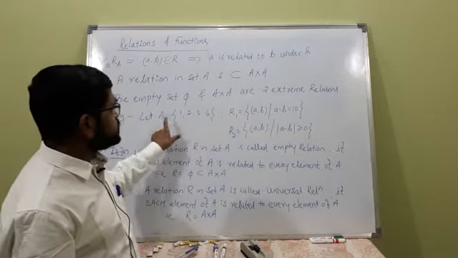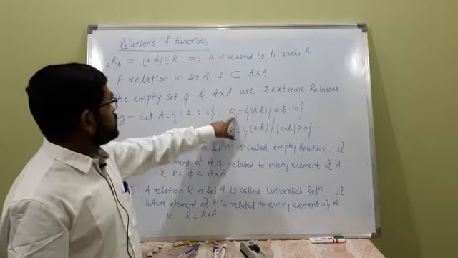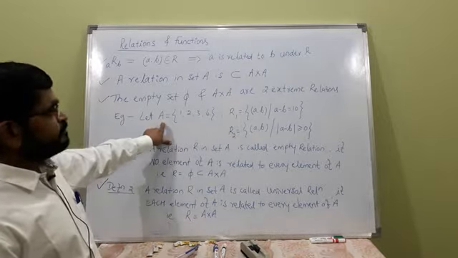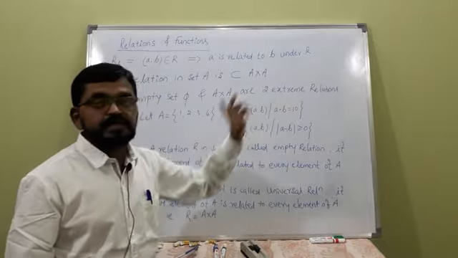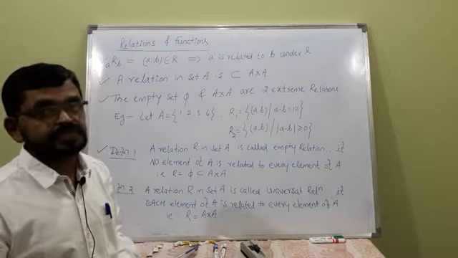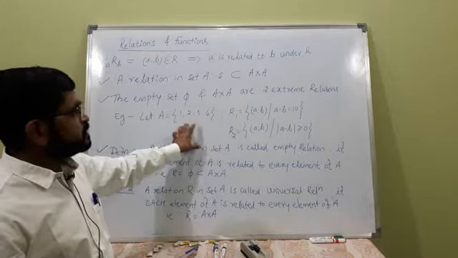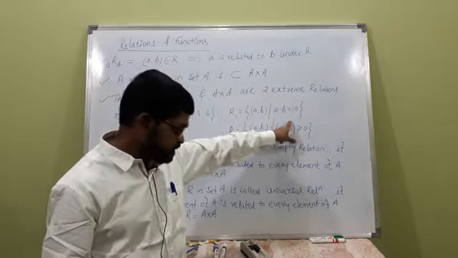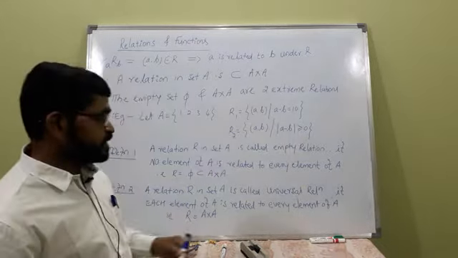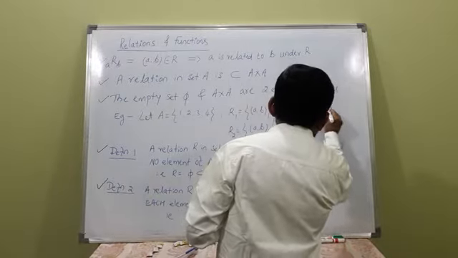Try to understand: this R1 is defined on this set, the set of all ordered pairs such that a minus b is equal to 10. If you consider any two numbers, that difference cannot be 10 at all. So this is the empty set, the empty relation.